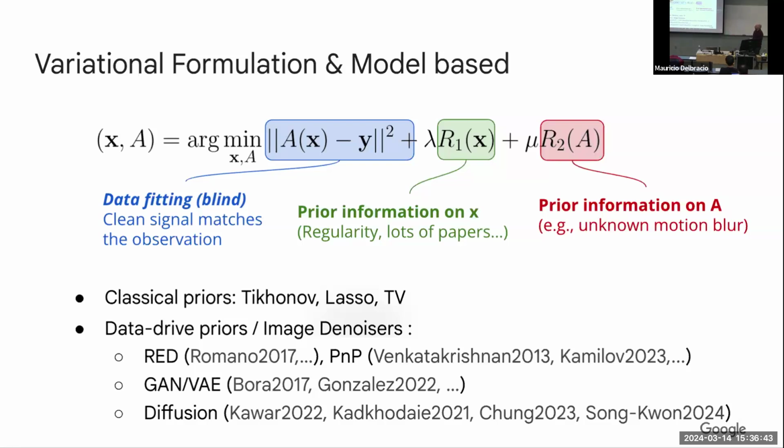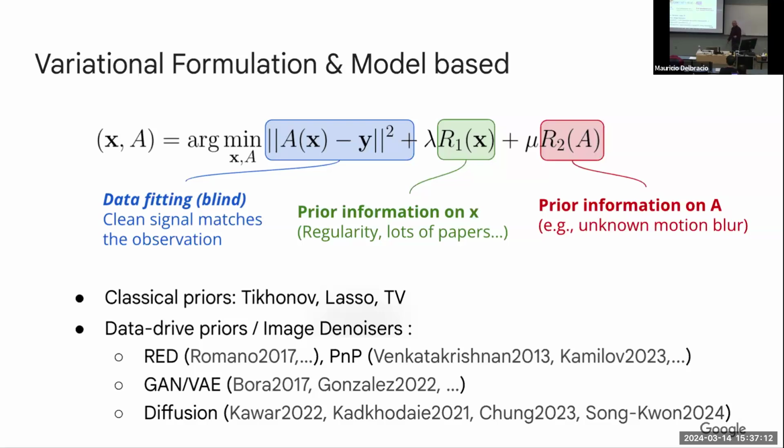But lately, what we have been working on, and like many people here, is trying to combine ideas from data-driven formulations by, for example, incorporating prior knowledge learned from data into the prior terms of this formulation. For example, how to use denoisers as a way of regularizing problems, or other generative strategies like GANs, VAEs, and more recently diffusion, right?